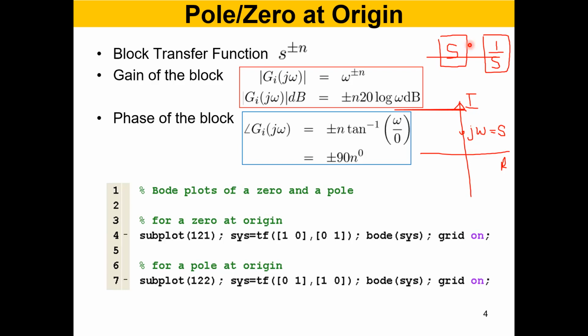Any angle coming from the denominator is negative. So it is plus or minus n times tan inverse of omega over 0, which is basically 90 degrees. So if you have two poles, 2 times 90, 3 poles, 3 times 90. If it is a pole, it is a negative angle. If it is zeros, it's a positive angle.